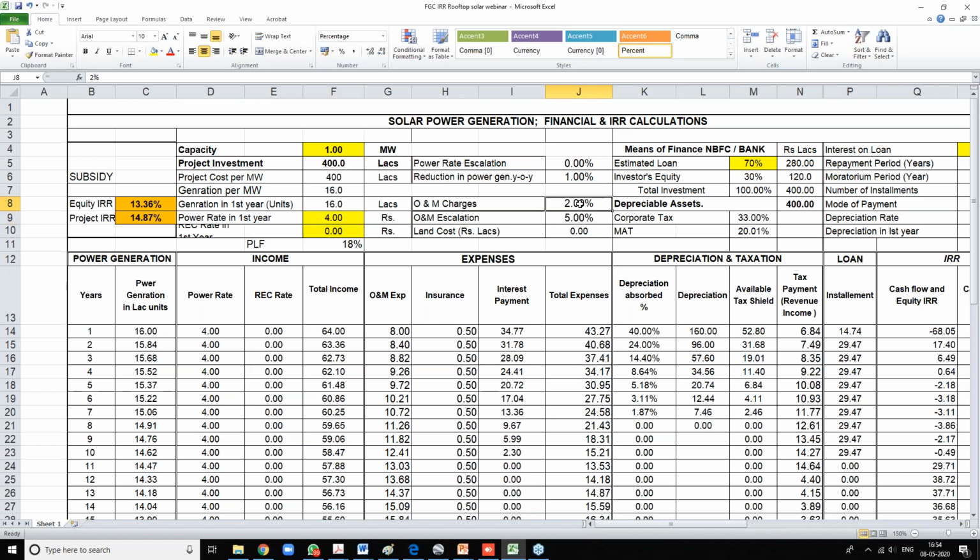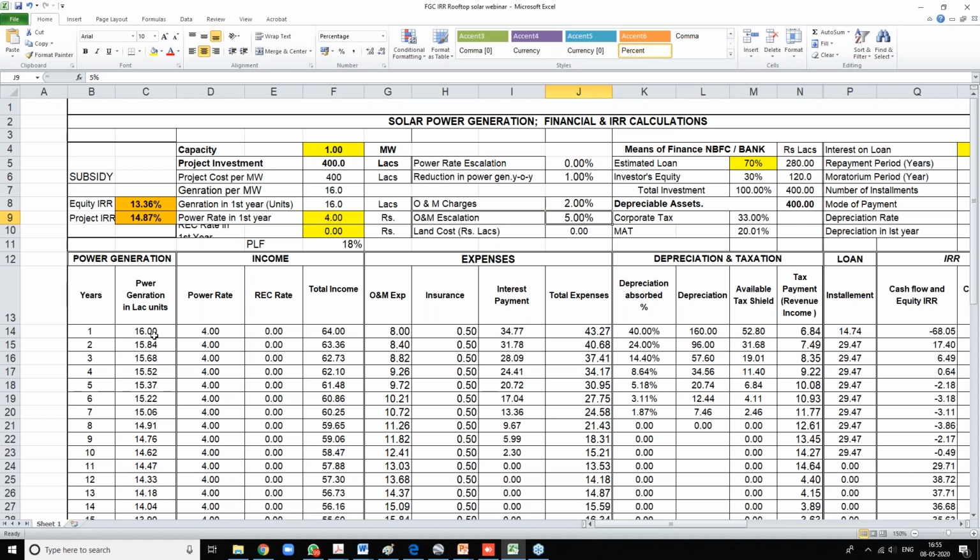The O&M charges are typically considered as 2% of the project cost, so we have considered 2% O&M, and the O&M escalation is considered as about 5%. The debt equity ratio is 70-30, and the corporate tax is 33%, and MAT is 20%. So this is the overall scenario.